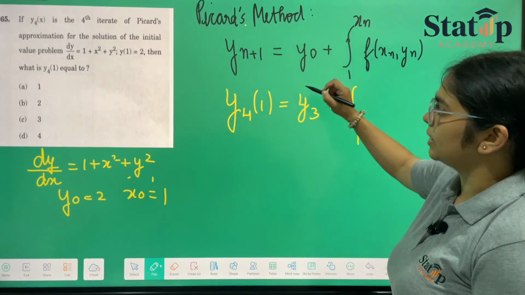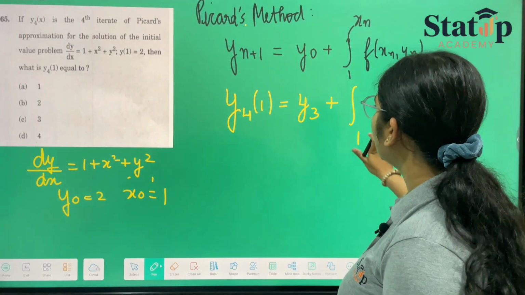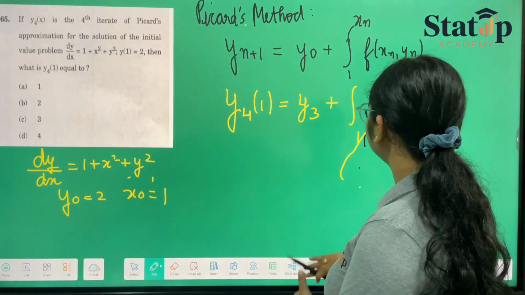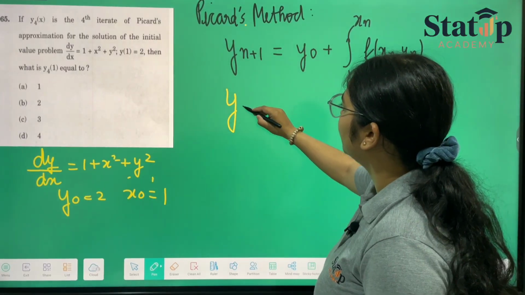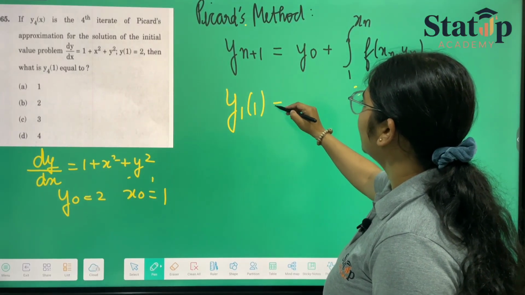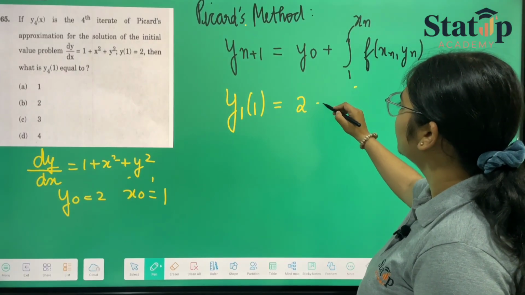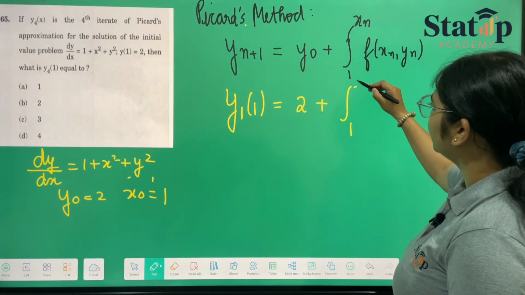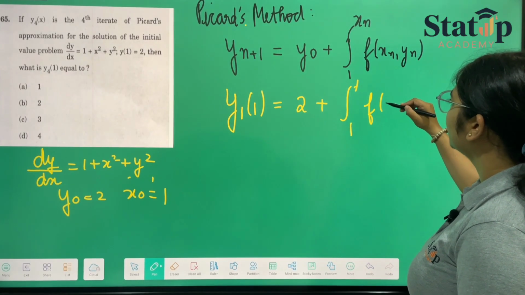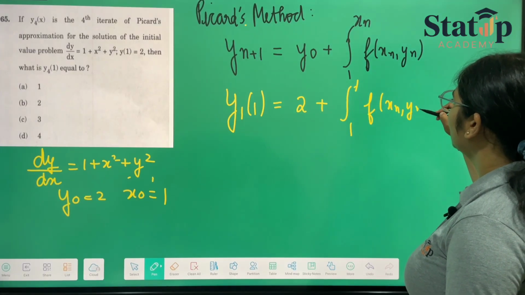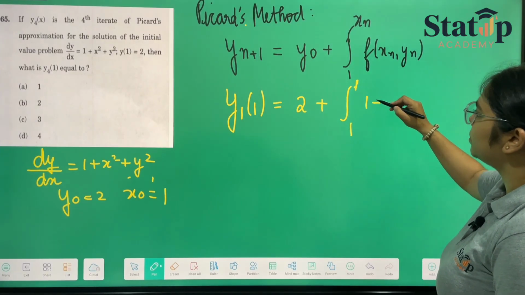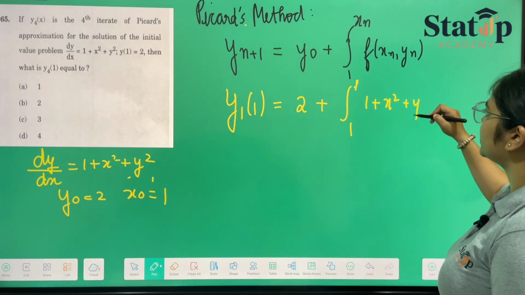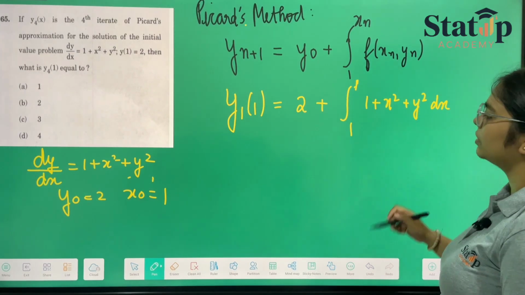integration from 1 to xn. Now suppose we are calculating for y1, it will be 2 plus integration from 1 to 1 of f(x, y), or instead we can write 1 plus x square plus y square dx, right?